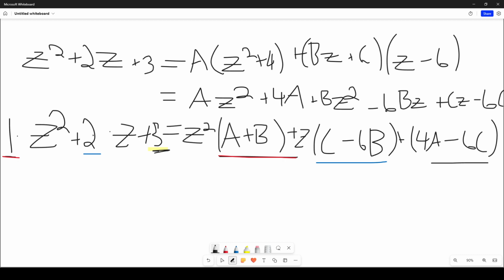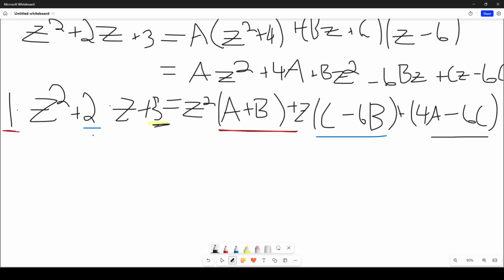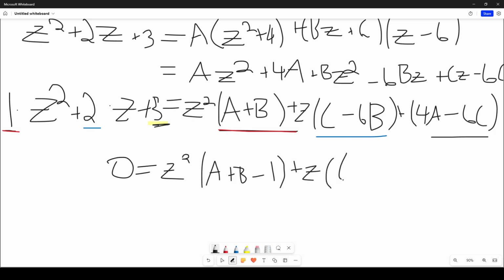But let me briefly try to convince you that this might be the case. What if I subtracted z squared plus 2z plus 3? I get 0 equals z squared times (A plus B minus 1), plus z times (C minus 6B minus 2), plus (4A minus 6C minus 3).